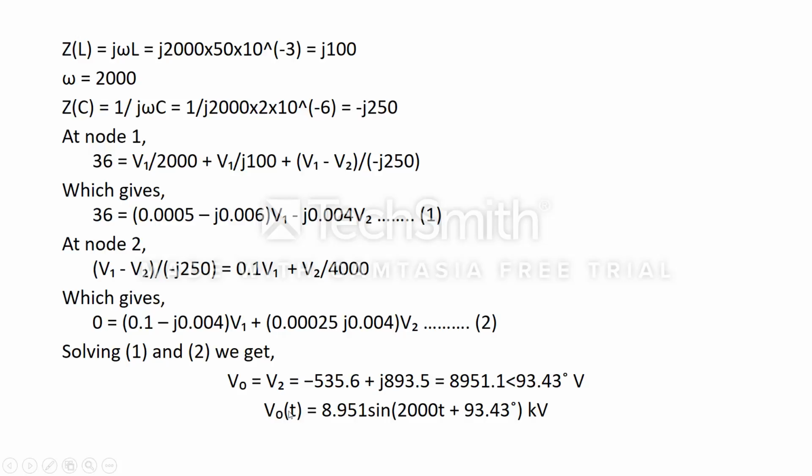As a function of time, it is expressed as 8.951 sine of 2000t plus 93.53 degrees, and the unit is changed to kilovolts, since this expression is divided by 1000, that is 8.951 times 10 to the power 3, and the 10 to the power 3 is taken as kV.